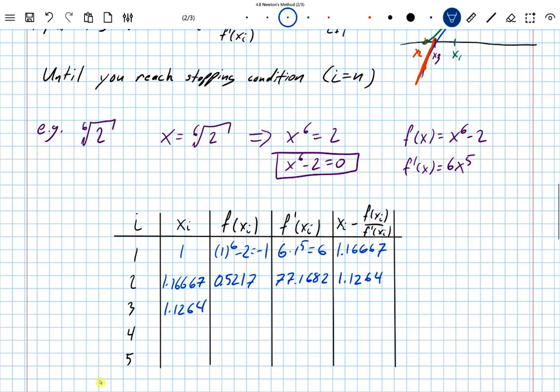I'm going to do one more row with you, and then I'm going to do the last row for you. So I plug that into f, and I get 1.1264 to the 6 minus 2, and I get 0.0424. And then I take 6 times 1.1264 to the 5th, and I get 10.88.